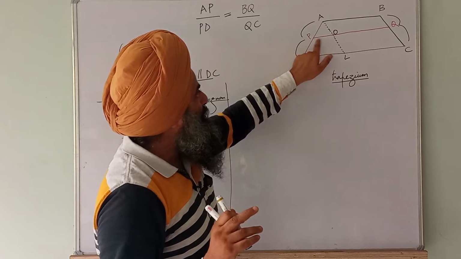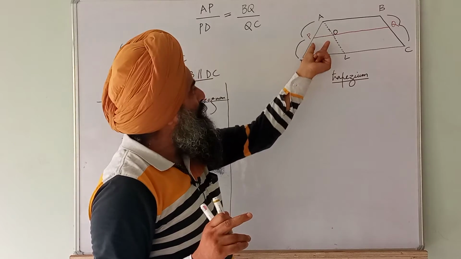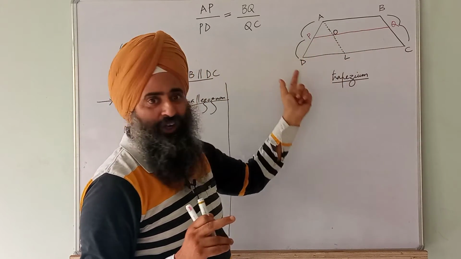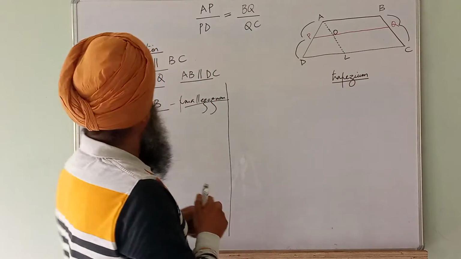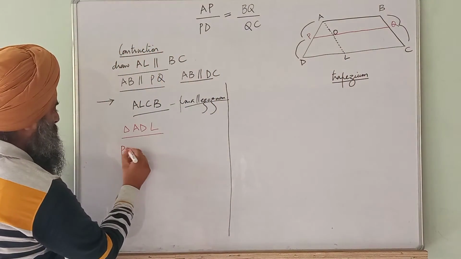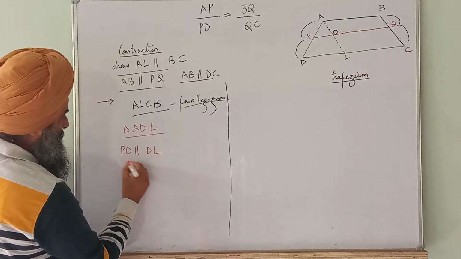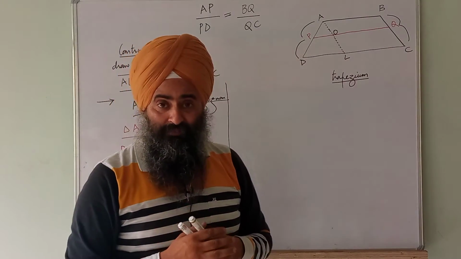Because PQ is parallel to DC. So PO is the part of PQ, and DL is the part of DC. Correct. So we can say PO is parallel to DL. Am I right?